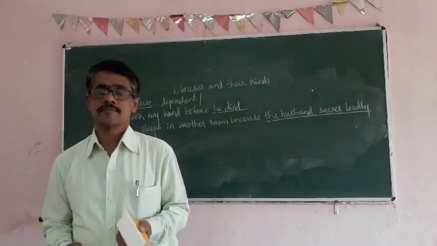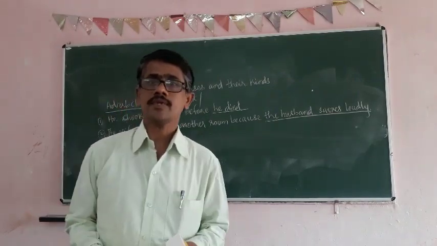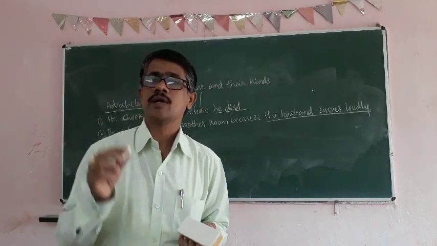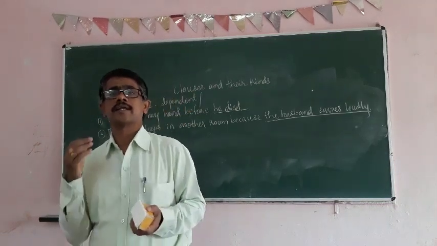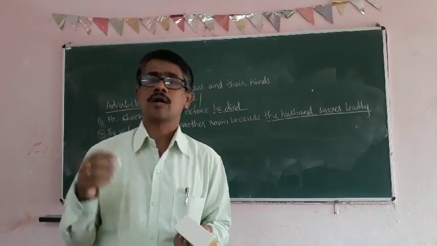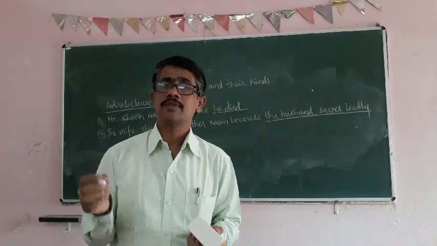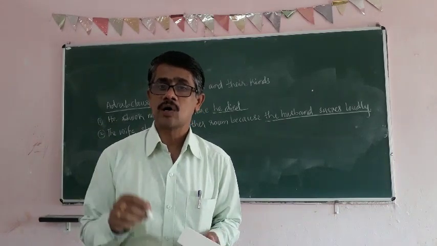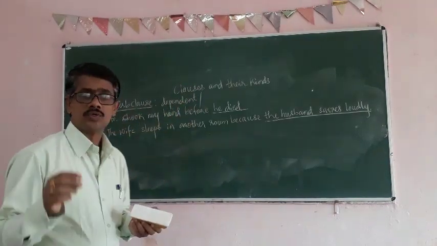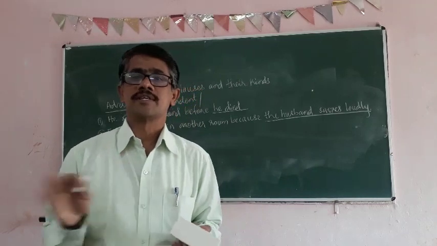Adverb clauses are used with the help of the main clause, and they give full meaning. They can be put before or after the main clause. If they are used before the main clause, a comma is used. If they are used after the main clause, no comma is necessary.